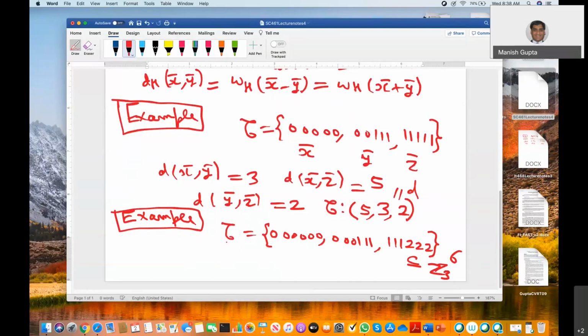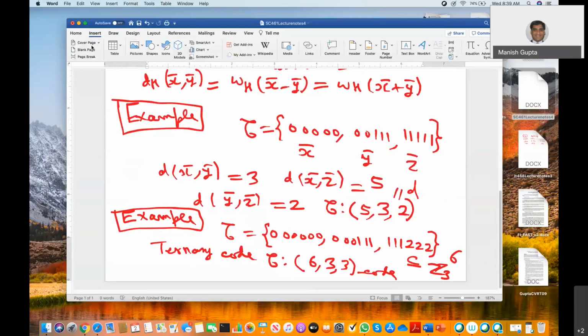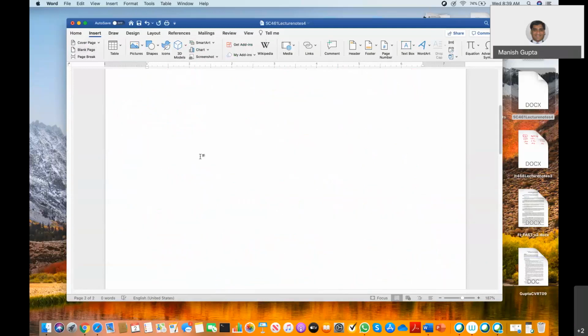It's an example of a ternary code. So I can denote its parameters by C is (6, 3, 3). I can compute n: n is 6, the length is 6. The total number is 3; there are only 3 code words. And the minimum Hamming distance I can compute turns out to be 3.